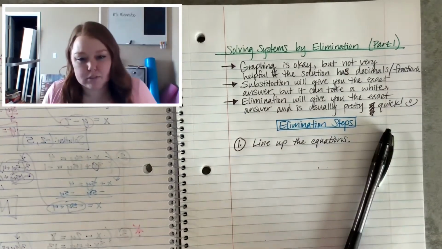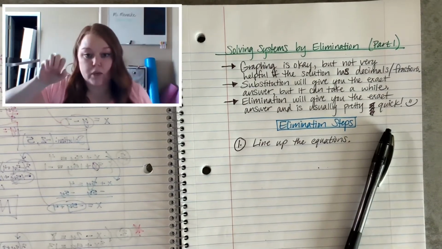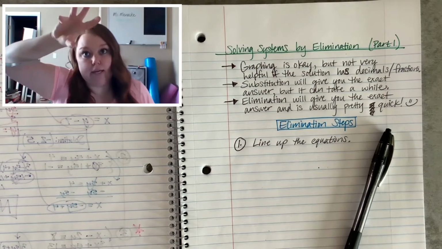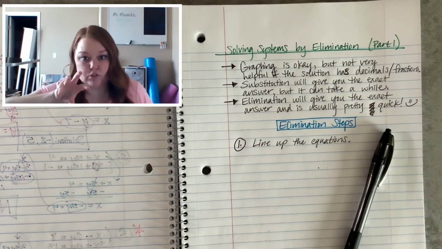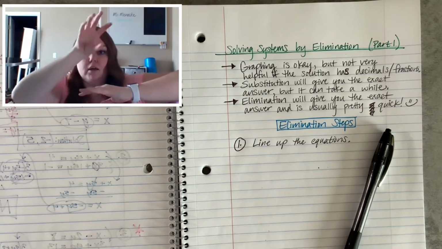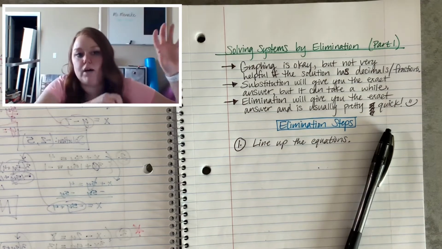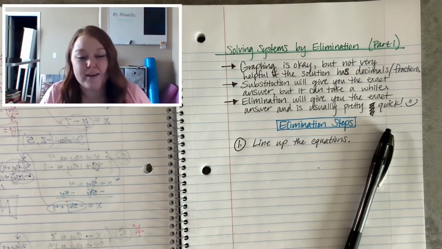This might not make much sense right now, but it will. What it means, if you just watch me up here, is you want your x in the same location as your x. So in the two equations, you want your x's in the same spot, your y's in the same spot, your equal sign in the same spot, and your constant in the same spot.